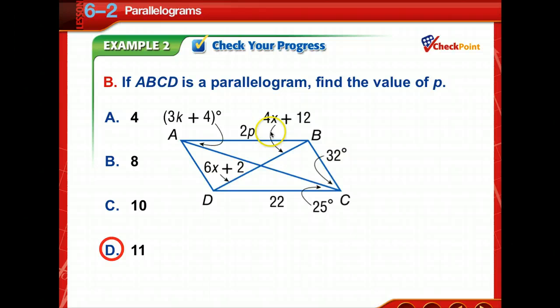We know that 2p is equal to 22, so divide both sides by 2, p is equal to 11. We know that 3k plus 4 is equal to 25. Subtract 4 from both sides, divide 21 by 3, and we have 7.